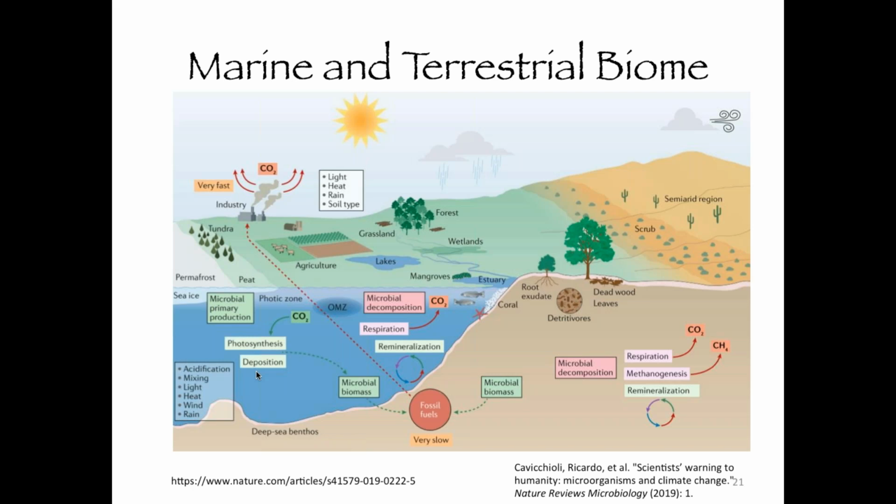Eventually, whatever isn't decomposed gets buried in the seafloor and over millions of years is converted to fossil fuels via geological processes. Similarly, in the terrestrial system, microbes can help decompose organic matter into carbon dioxide and methane through respiration and methanogenesis. Industrial processes, however, quickly release carbon dioxide stored in fossil fuels into our atmosphere.